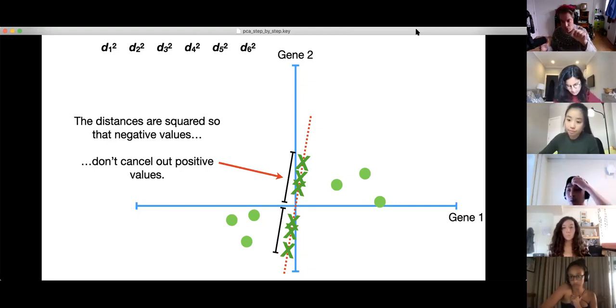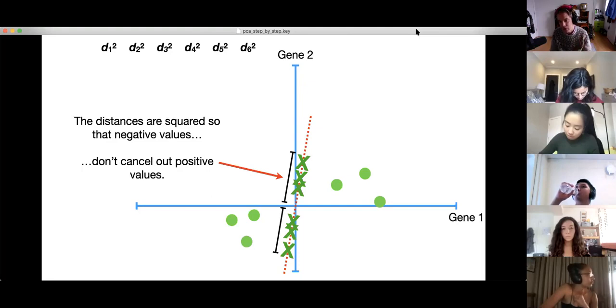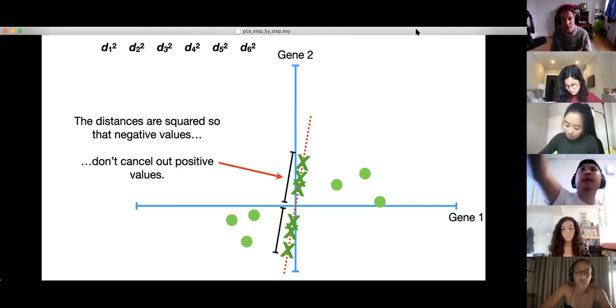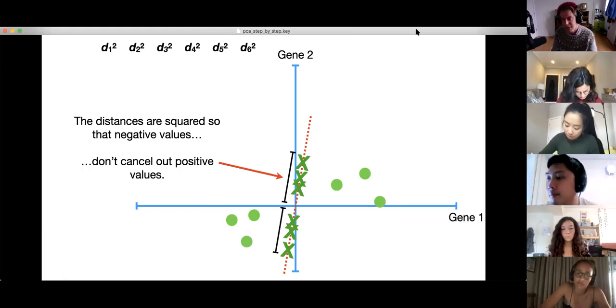In fact, it has no derivative at 0. Whereas when we square things, we have a nice continuous function, and we have derivatives all over the place. So this is an aside that is not quite to the point, but it's just out of curiosity. You may be wondering why we're always squaring things in data science. It's just because it makes the math easier, because there are derivatives all over the place.